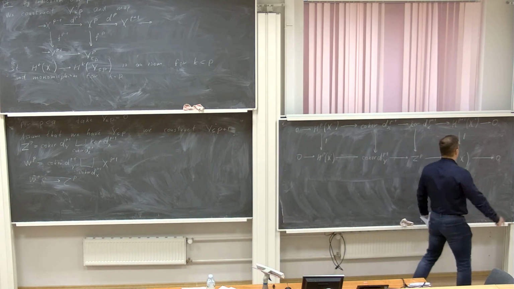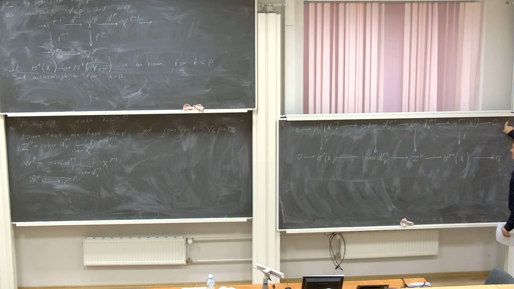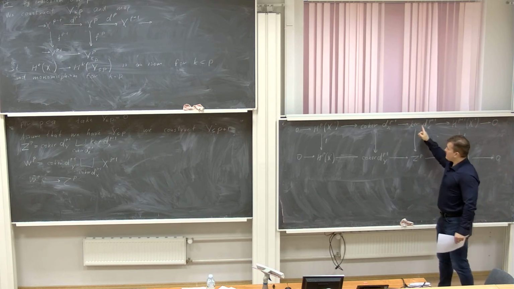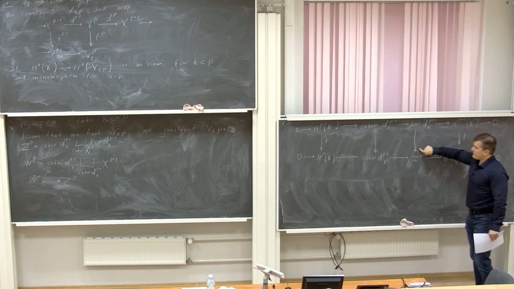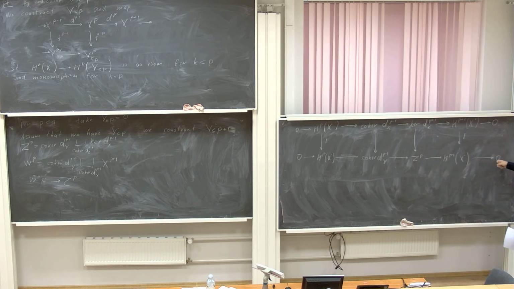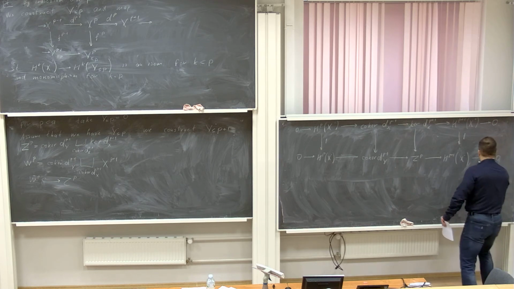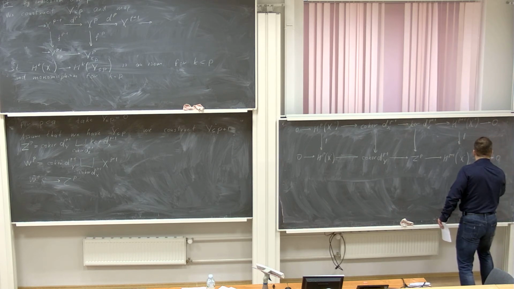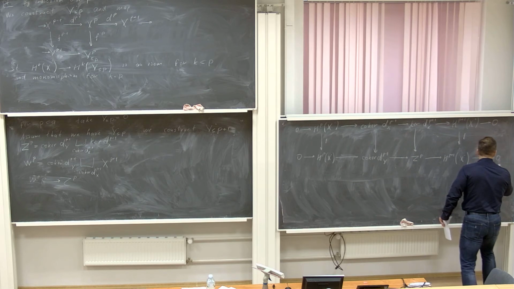Okay, so exactness of this part is trivial. Now I have this co-Cartesian square, and I claim that the property that this is a co-Cartesian square can be used to show that the second row is also exact. So this is exact, and this is an exercise.